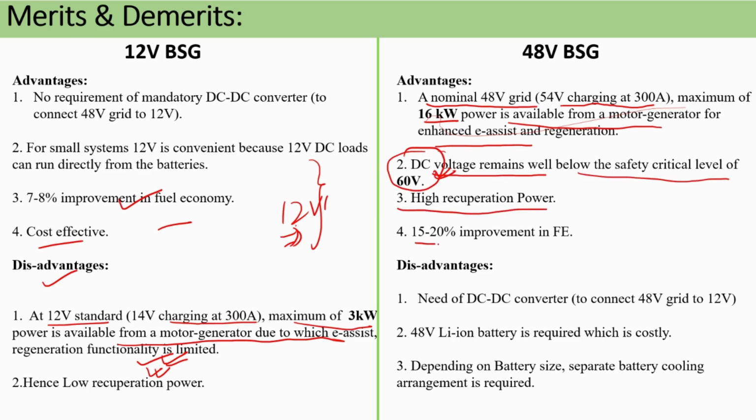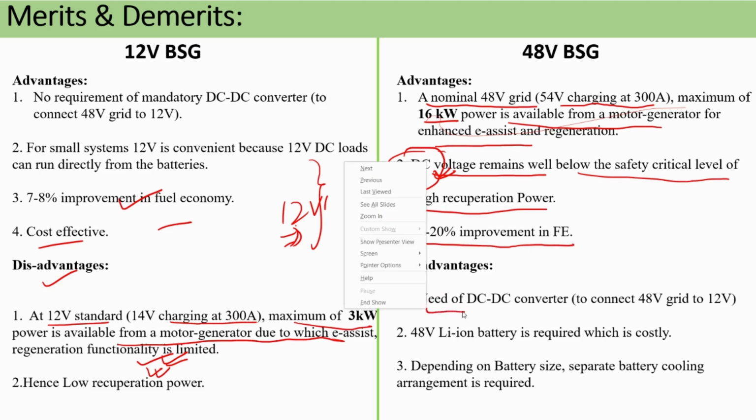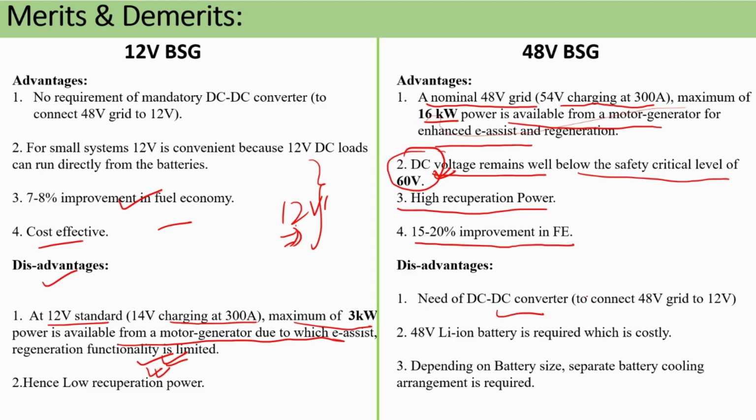High recuperation power, 15 to 20% improvement in fuel efficiency. Disadvantage: need of a DC-DC converter to connect 48 volt to 12 volt. This is the disadvantage, which is good in the 12 volt. You don't need a 48 volt lithium-ion battery, which is costly, of course. Depending on battery size, a separate battery cooling arrangement is required.